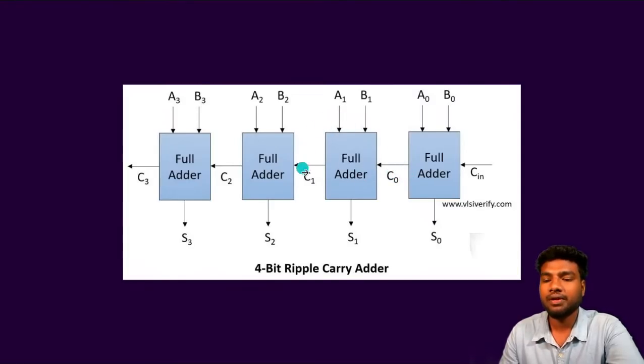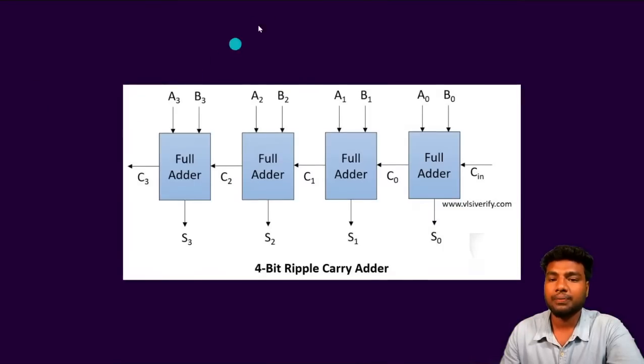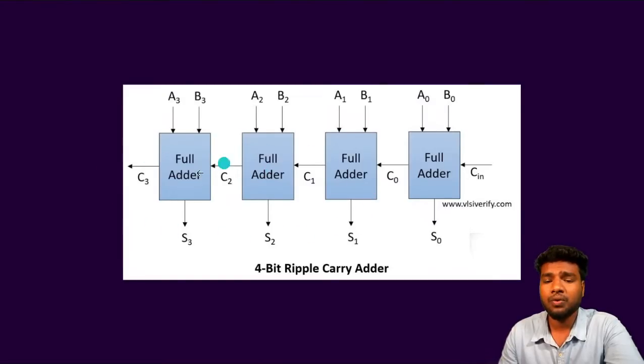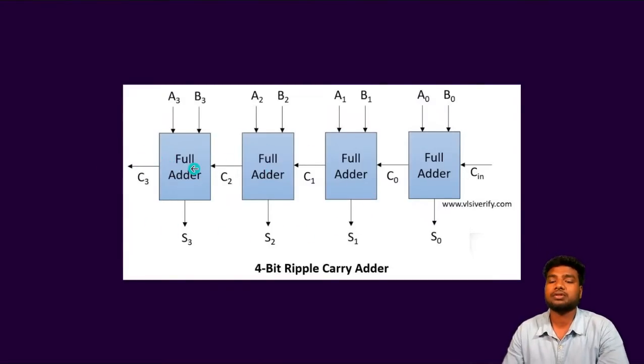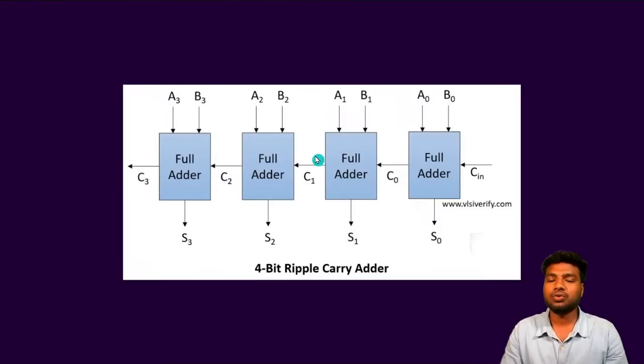Each and every full adder needs the previous carry out to compute, like a 4-bit ripple carry adder. So we'll go to write the RTL code for the ripple carry adder. My inputs are 4-bit A, 4-bit B, and C in; outputs are 4-bit sum out and 1 C out. These are my port list, and you can see here wires C0, C1, C2.